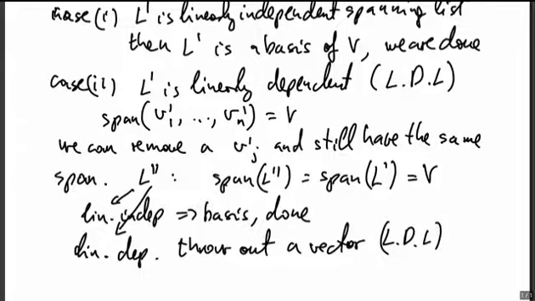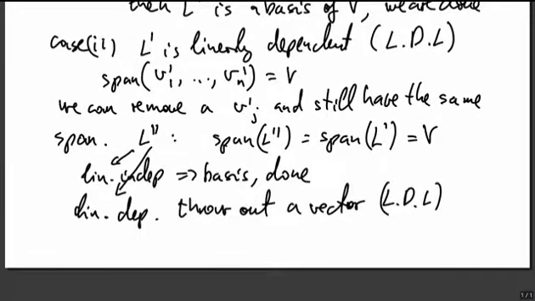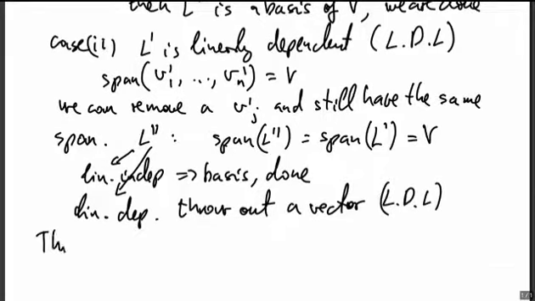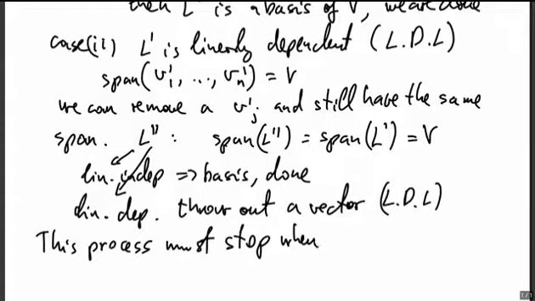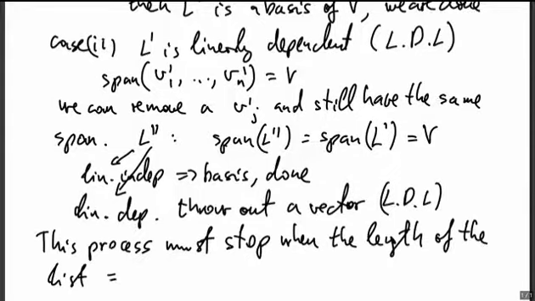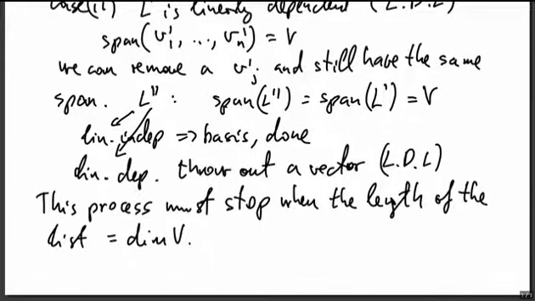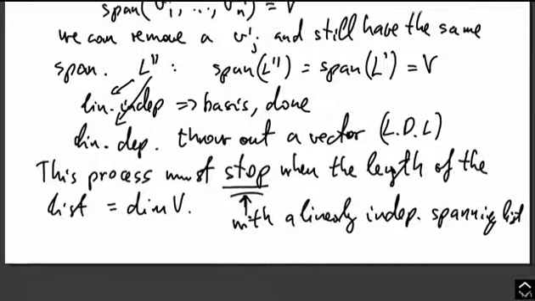Now you can see how important this linear dependence lemma was. In each of these steps, we have a spanning list. So that means that we cannot just throw out all the vectors. This process must stop when the length of the list equals the dimension of the vector space, since we cannot have a shorter spanning list than the dimension. And the reason why we have to stop is because we have a linearly independent spanning list, which means a basis.